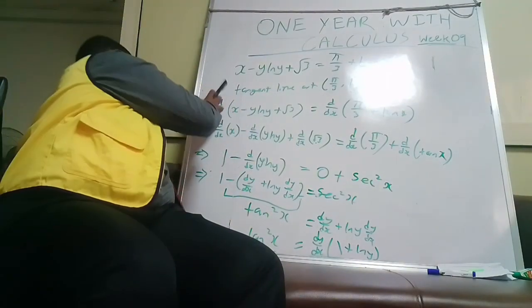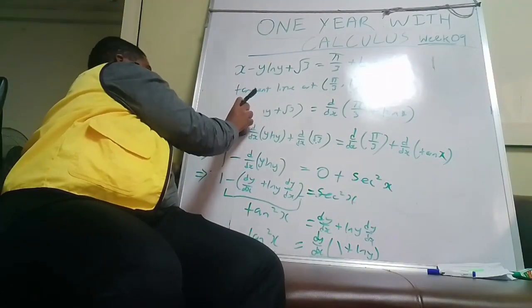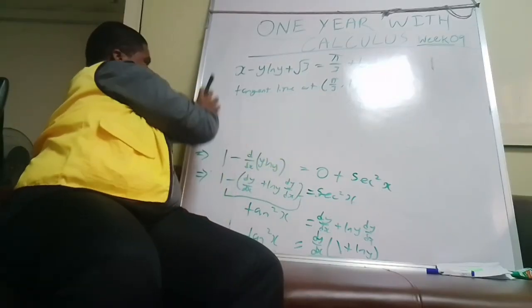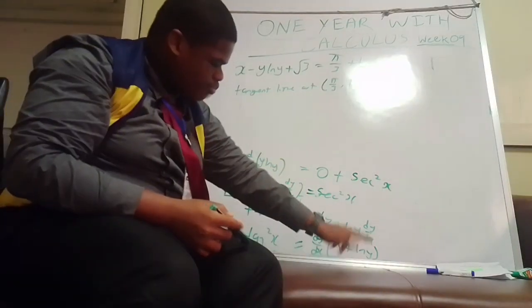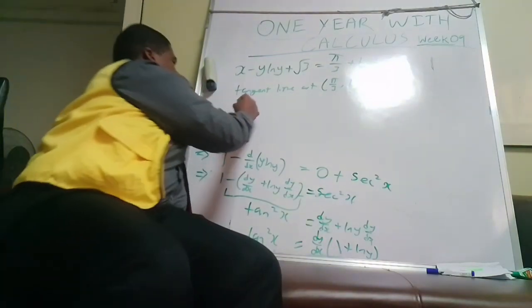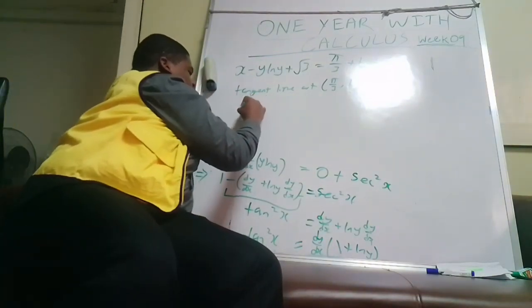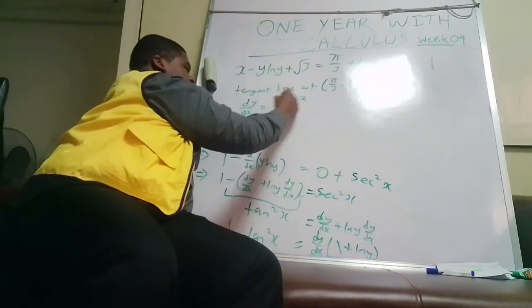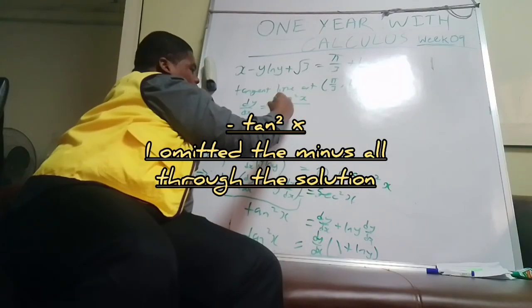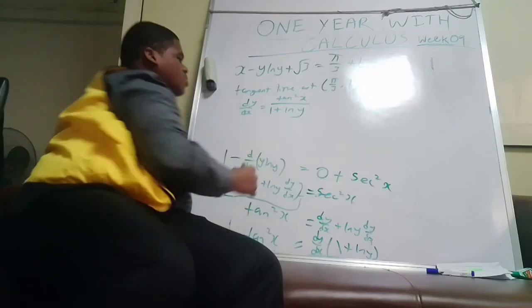Let me get 2 lines from the top layer. Okay. So now we can divide both sides by 1 plus ln y. So we have the derivative of y with respect to x is equal to tan square x divided by 1 plus ln y.